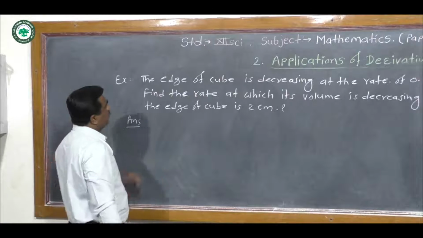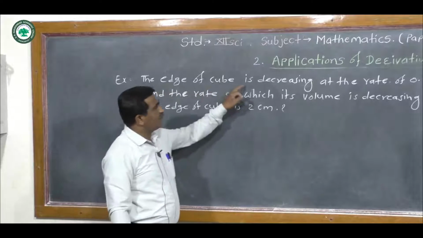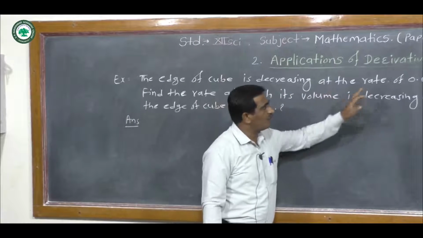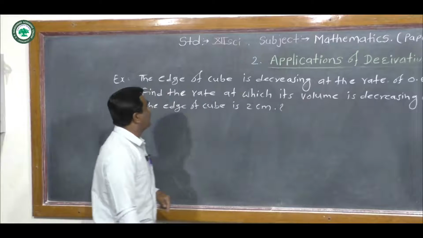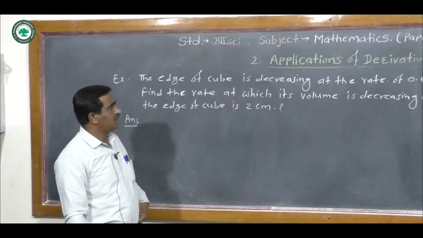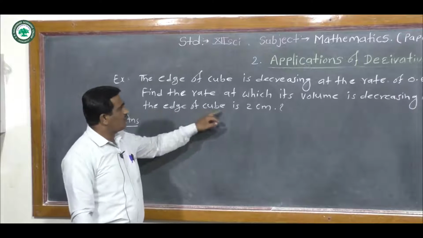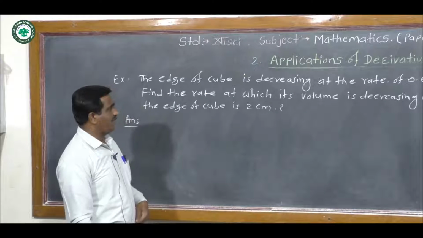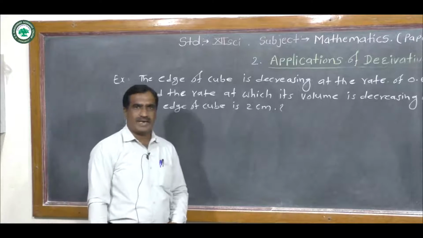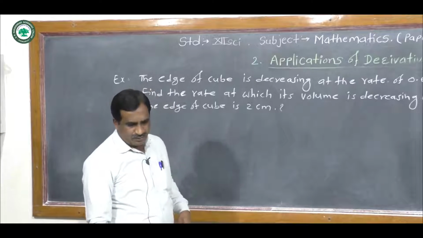Here we are given that the edge of the cube is decreasing at the rate of 0.6 centimeter per second. It is given that the rate of change of the edge is 0.6 and the edge of the cube is equal to 2 centimeters. We have to find the rate of change of volume at time t. Now first we give names here.